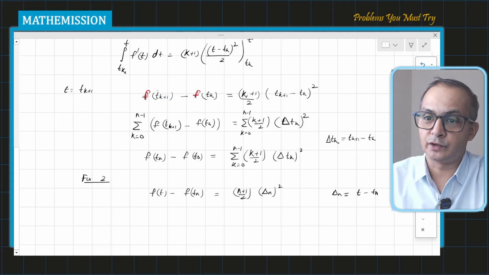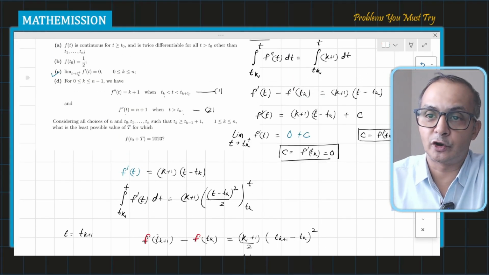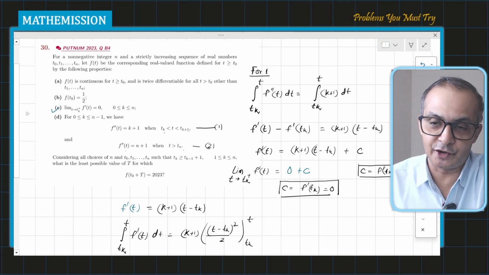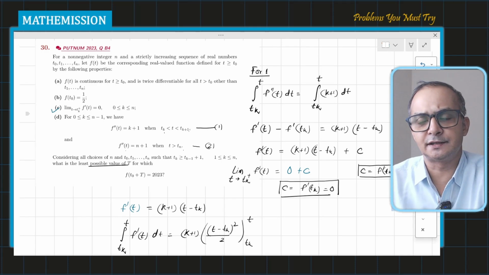And now the idea is that if you want to find f(t0 plus T), what is the meaning? The problem is that we are starting at t0, and they're asking the least possible value of T, in the form of time.